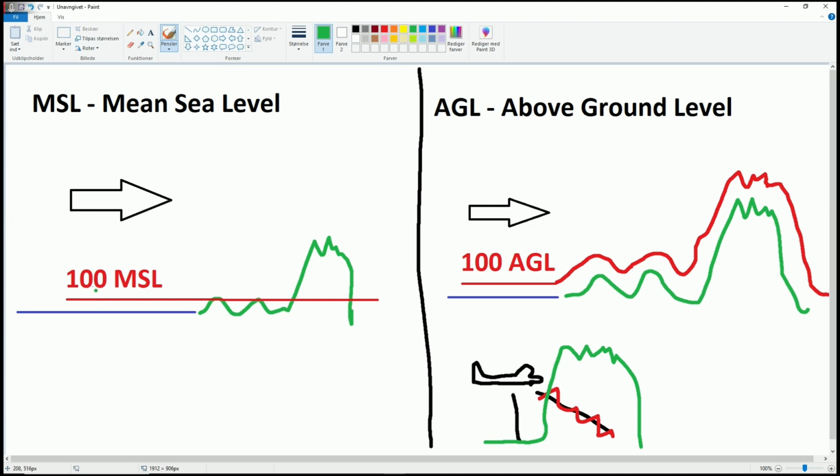If you fly 100 MSL, let's say above water, you get over land. That ground has some little hills and some mountainous areas. MSL does not keep you a safe distance above the ground.